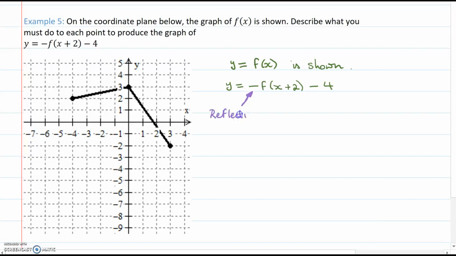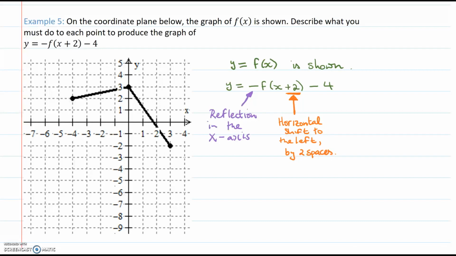The plus 2 inside the parentheses is a horizontal shift, and it's going to shift us to the left by 2 spaces.